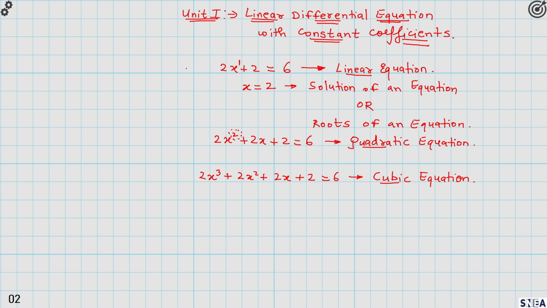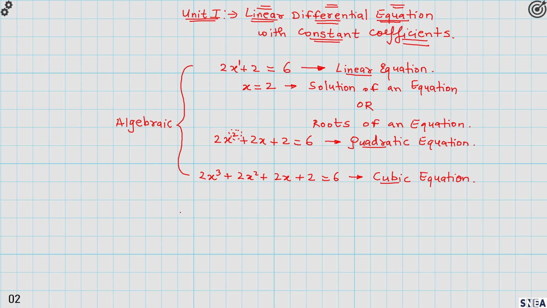But all these equations come under what? They come under algebraic equations. But we have to study linear differential equations, meaning any equation which has a differential in it will be termed a linear differential equation. So let us see how it is.